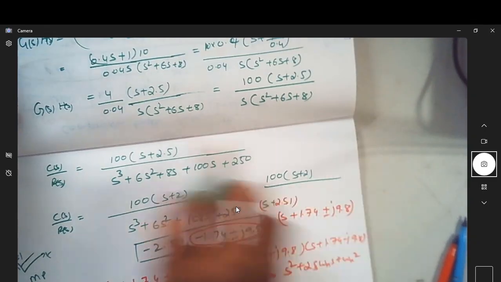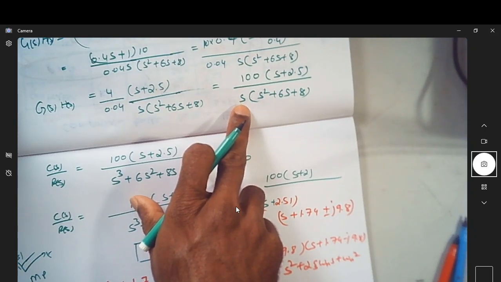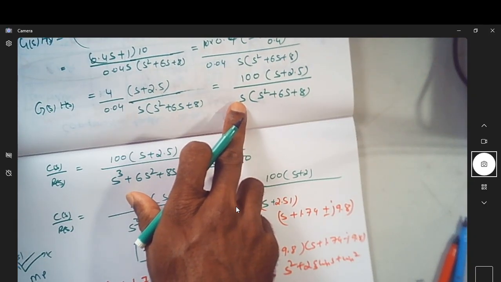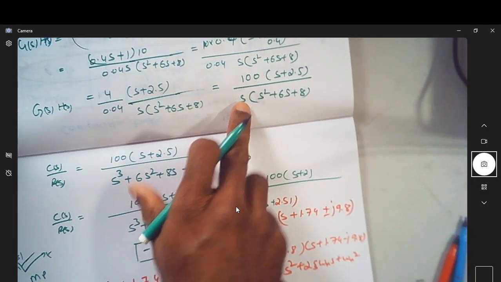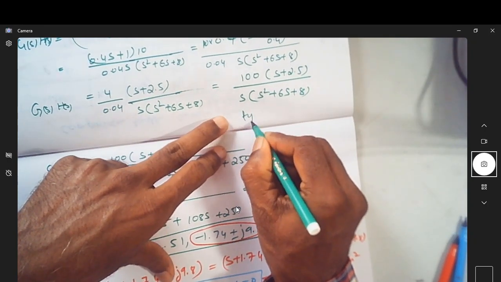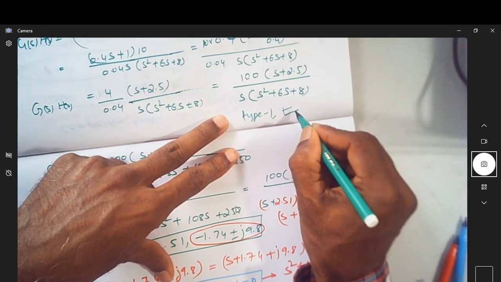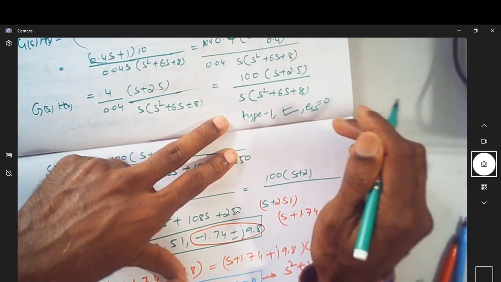So now this is my GFS. GFS has got a term s in the denominator, meaning there is a pole at the origin. We know that when you have a pole at the origin, this is a type 1 system. For a type 1 system, for a step input, ESS is equal to 0.